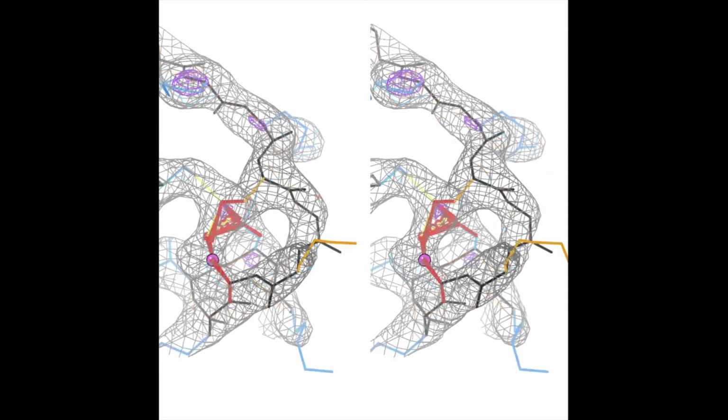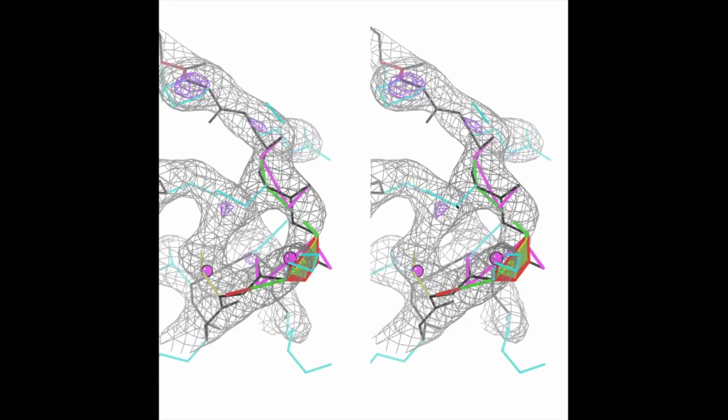And if you didn't know to model the metal in there, you can get all kinds of horrible geometry. And sometimes people end up building disulfides between these cysteines that are so close together, which is a very common mistake. There were some of those in the SARS structures recently in really bad density.